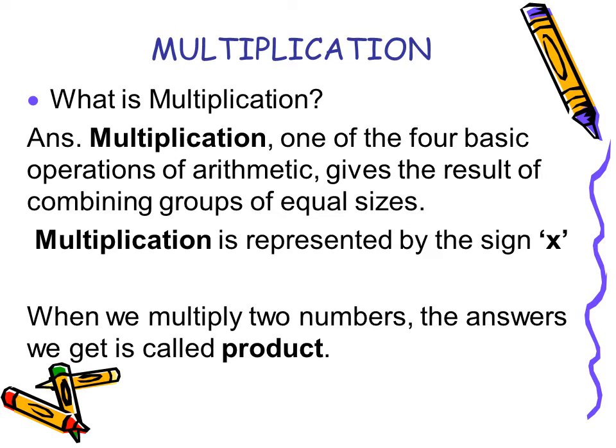This is the sign which we will be using in our multiplications. We can perform tables using multiplication. And students, please do not forget that when we multiply two or more numbers, the answer we get is always called a product. It is not called a sum.